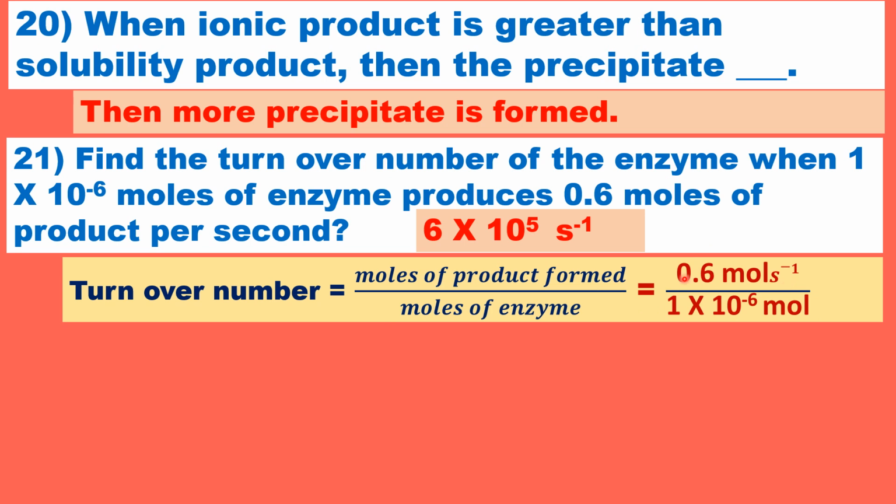That is called turnover number. 0.6 moles per second, product formed, divided by enzyme concentration, 1 into 10 power minus 6. So 6 into 10 power 5 per second.